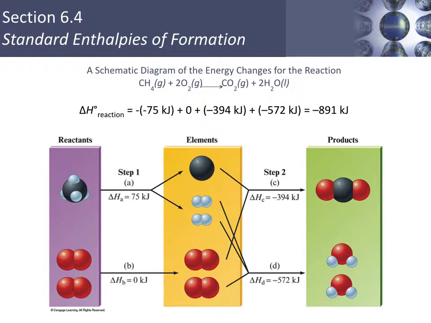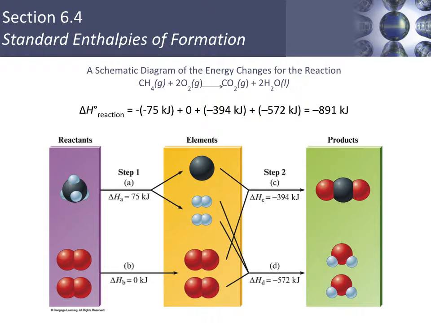Now, one thing here is that the way that we get at the total enthalpy change in a reaction is by calculating the sum of the enthalpy changes for the products and subtracting the sum of the enthalpy changes for the reactants. And I will give you an equation for that in the next slide.